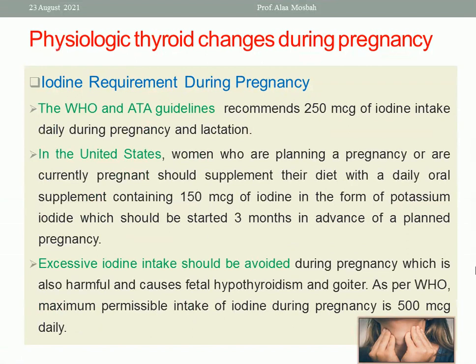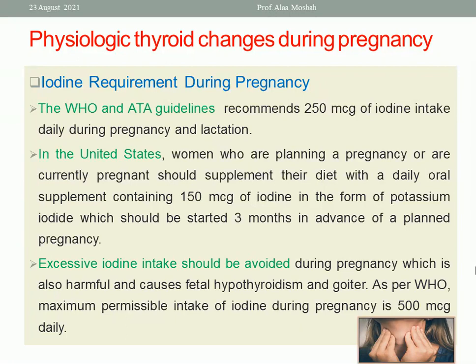Why? Because there is an increase in binding globulin because of pregnancy, so the free thyroxine will not be reliable. But the most reliable are the total T4 and the free thyroxine index.